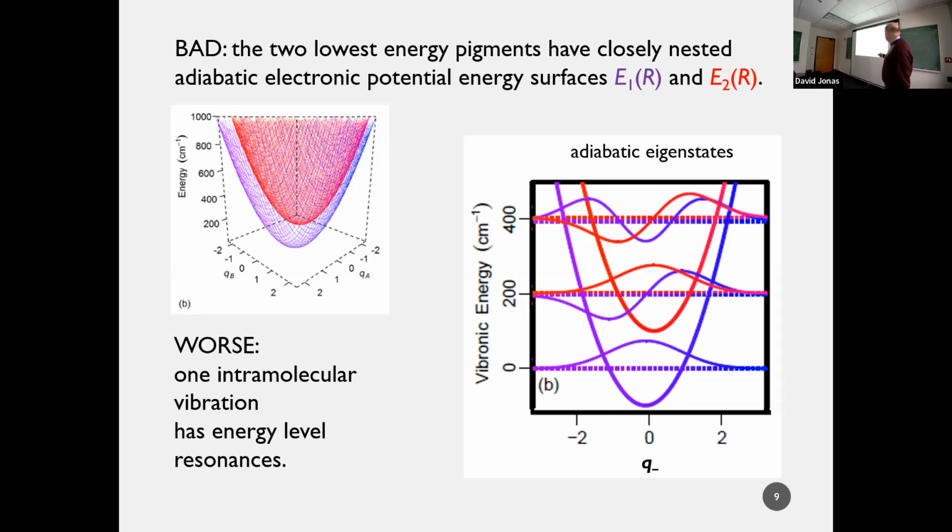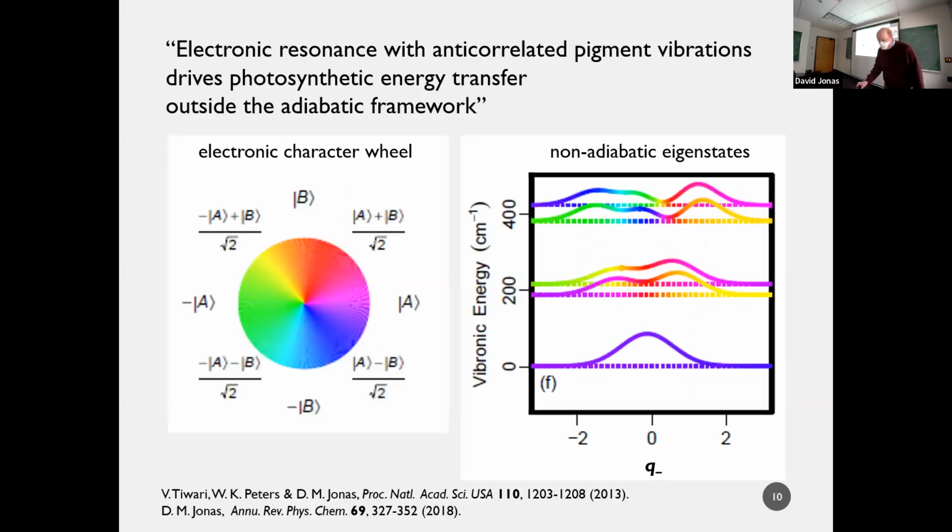It gets worse. It turns out that the protein has actually adjusted things so that when you look at the vibrational levels inside those potential energy curves, they're essentially right on top of each other energetically. All right, and that's going to lead to resonance phenomena so that the Born-Oppenheimer picture is completely gone. All right, so what actually happens?